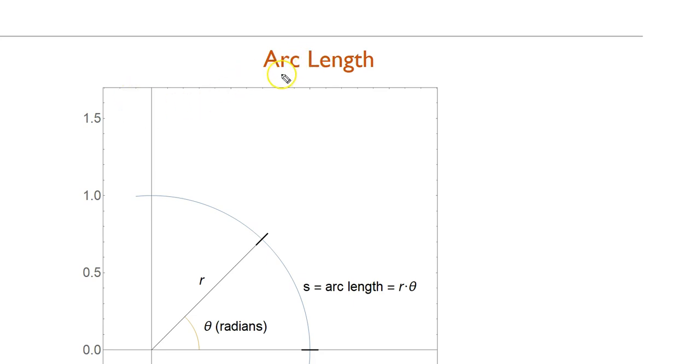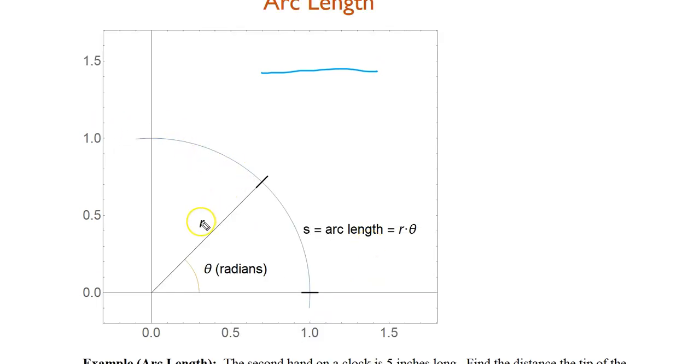From time to time we'll need to calculate arc length. So down here we have a graphic. If we're given a circle of radius r, and suppose that we want to know the distance along this part of the circle, the length of that arc, well, it's simply going to be the radius of your circle, r, times the angle theta.